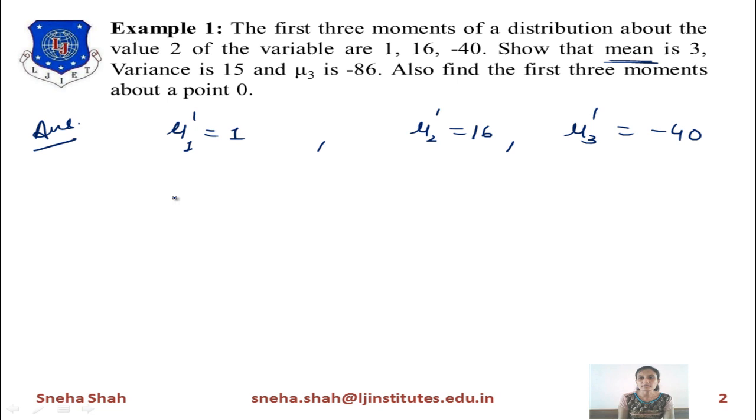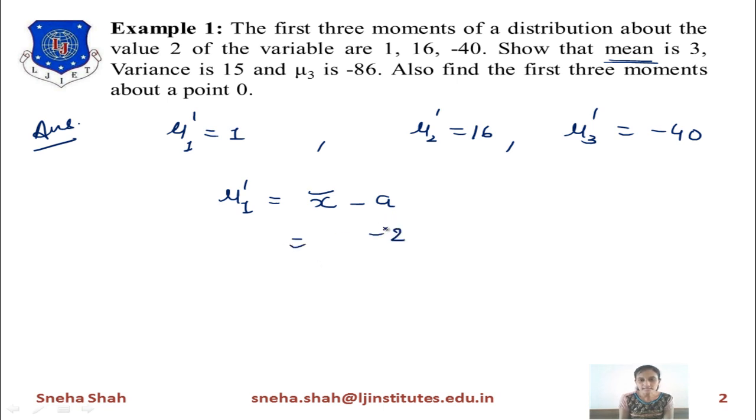Now what is the value of mean? Mean is the average value. So if we take mu1 dash, it gives a change in the mean value, meaning a deviation by a factor of 2. So we take the value of a equals 2 over here.